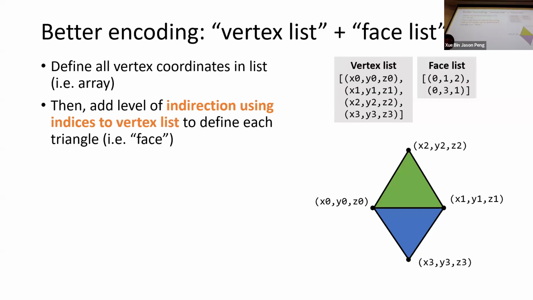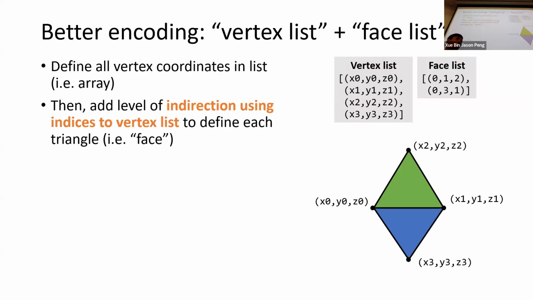The first entry corresponds to the first triangle, the green triangle on top. And it's going to store vertex 0, vertex 1, and vertex 2. So it's just going to store 3 indices that tell us which vertices are used to form the first triangle. And similarly, the second triangle, the blue triangle, is formed by vertex 0, vertex 3, and vertex 1. And so the second entry in our face list just stores those 3 values that specify the vertices for the second triangle.